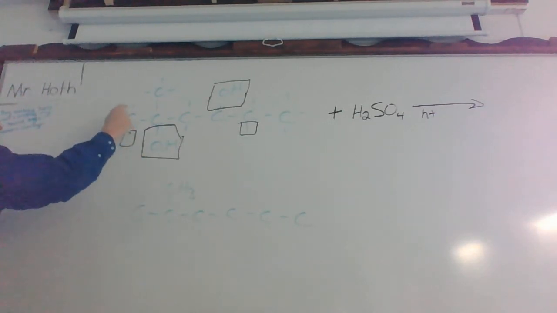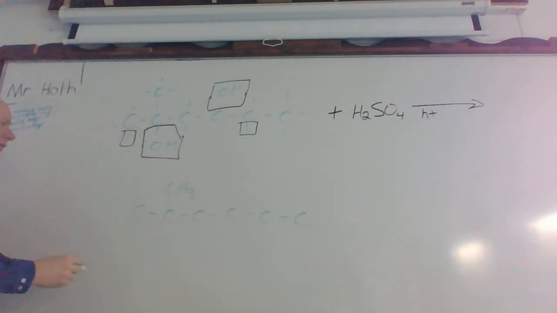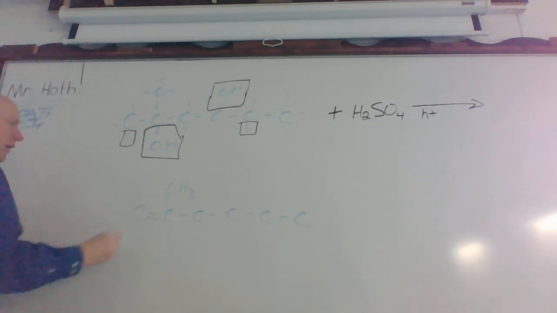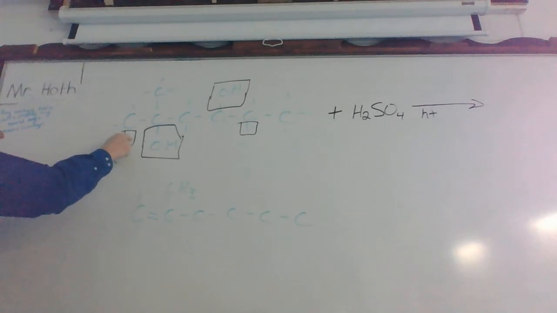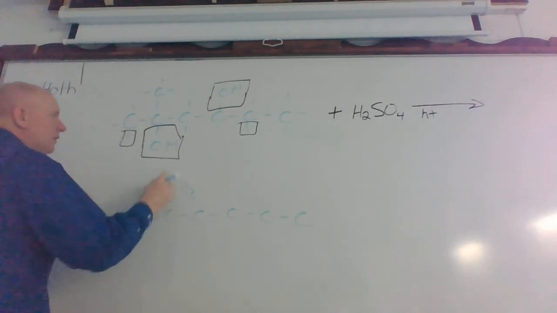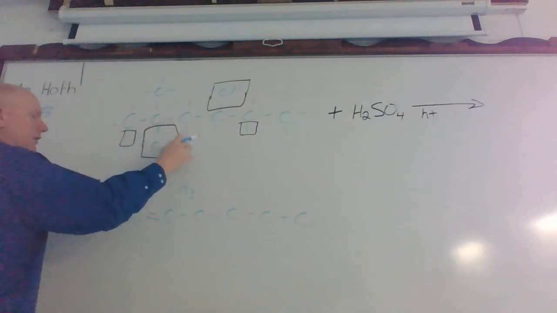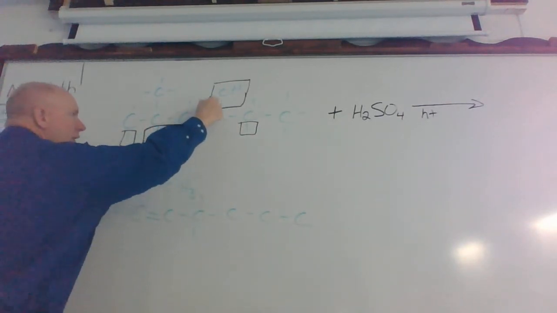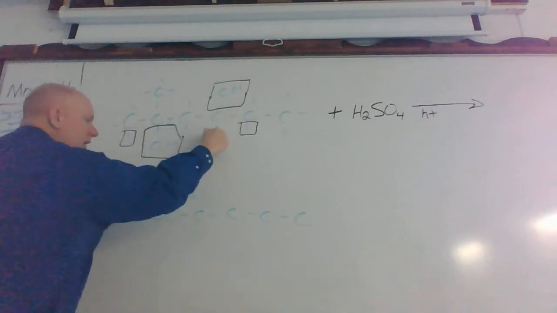So what's happening on carbon 1 here? Notice, since that's in a box, that came off of there. And let's see here. He's gone. And those 2 are still here. He's gone. He's still there.